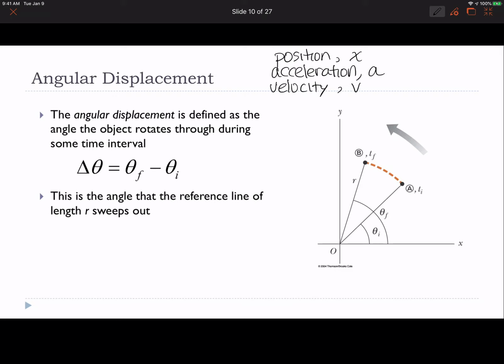So we can define something called angular displacement, which is basically just the angle that a point or a solid object rotates through from some initial angle to some final angle. And this is going to be very much equivalent to the regular displacement, which is just the difference between your final position and your initial position, where this is just in a one-dimensional picture.